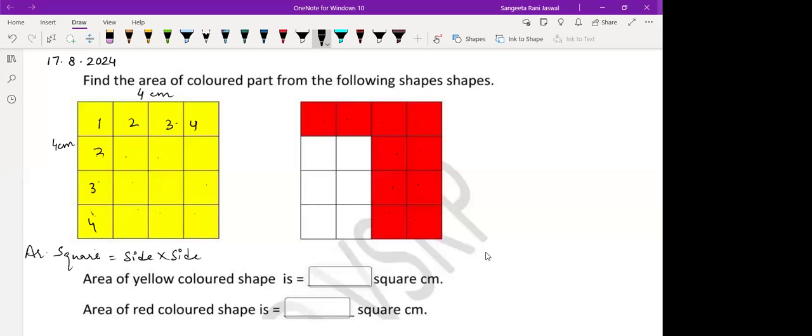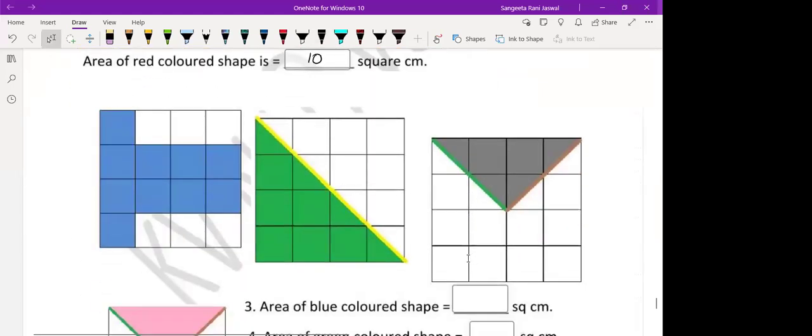So the area of the yellow colored shape is 16 square centimeters. The red colored shape is how much? 10 square centimeters, right? So this is the very first beginning.